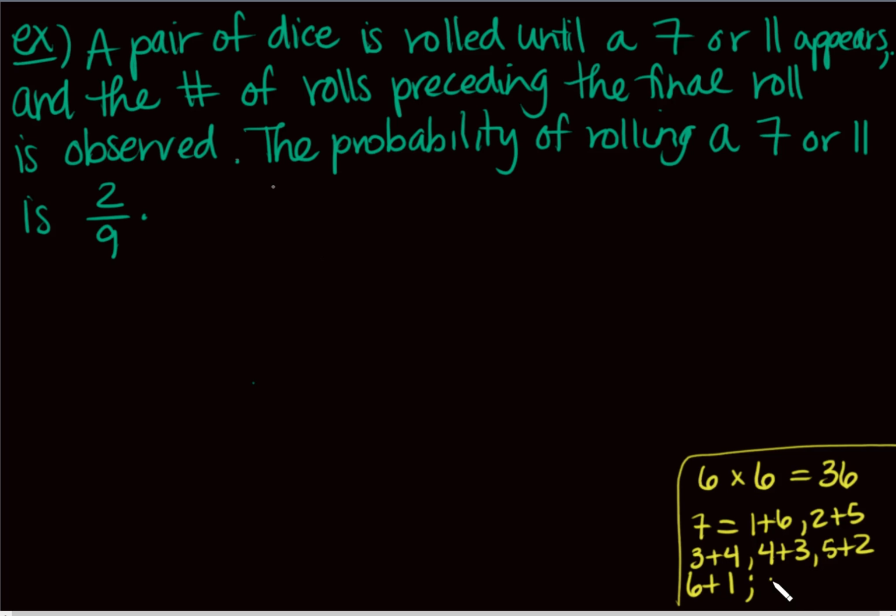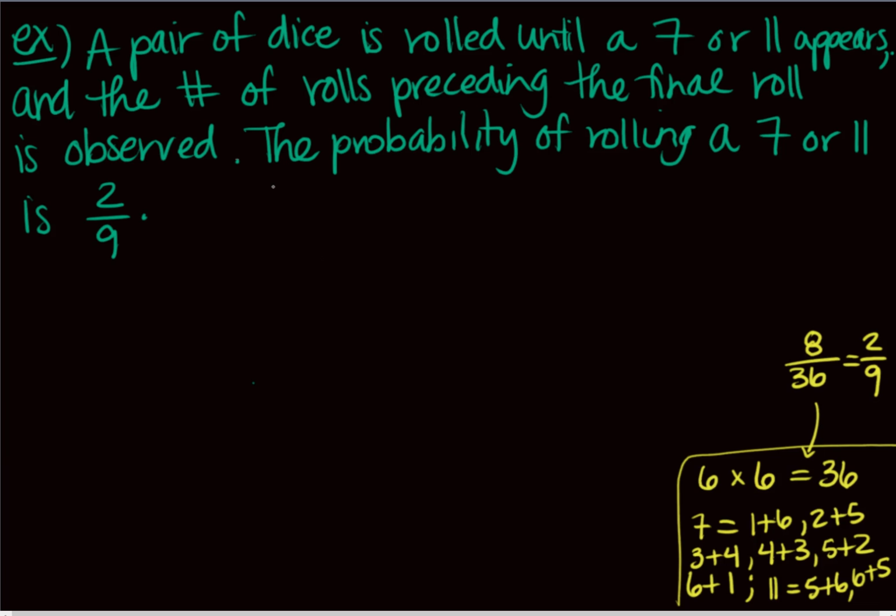And then 11, there are only 2 ways: 5 plus 6, and 6 plus 5. So 7 is 6 ways and 11 is 2, so basically there are 8 out of 36 ways that I can roll a 7 or an 11. So that's where that 2/9 comes from, just in case you were wondering.